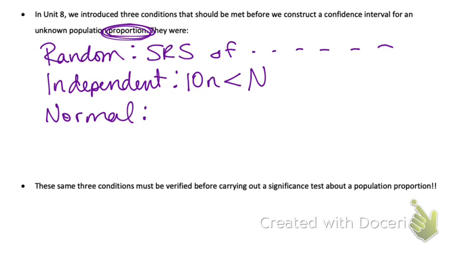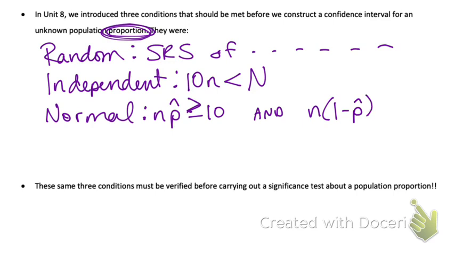Now, here's the hard one. Do you remember how to check the normal condition for proportions? We did n times p hat had to be greater than or equal to 10, and n times 1 minus p hat had to be greater than or equal to 10. What is that called?